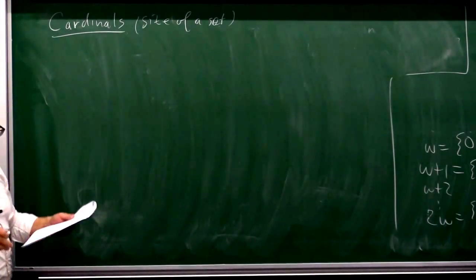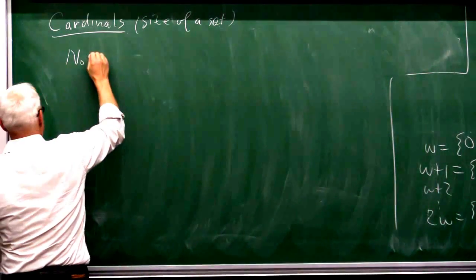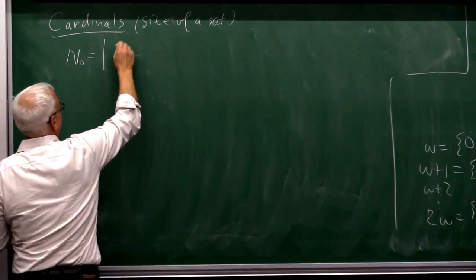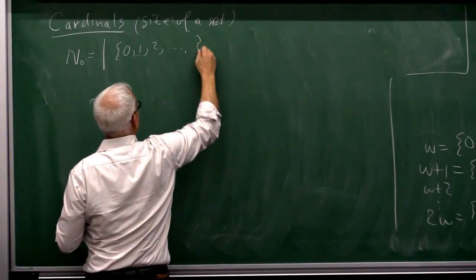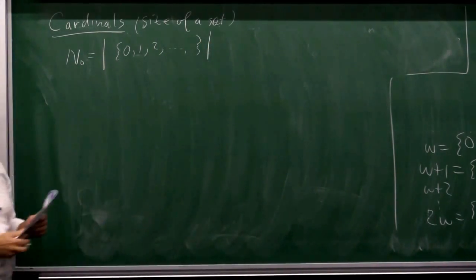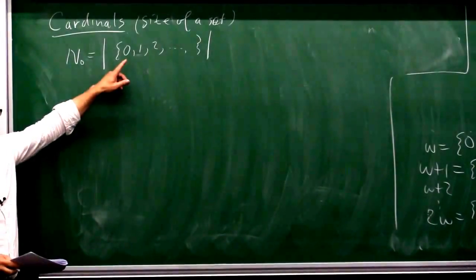The finite set sizes are just the ordinary numbers. The first infinite set is the set 0, 1, 2, and so on. So we declare that that set has size Aleph naught.